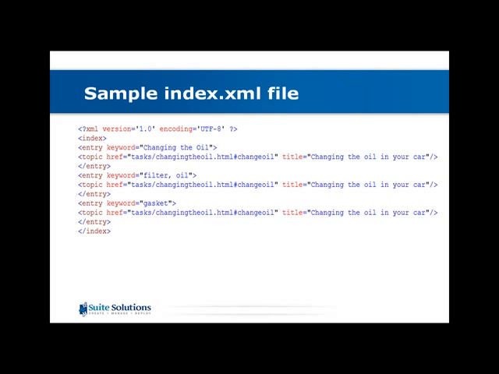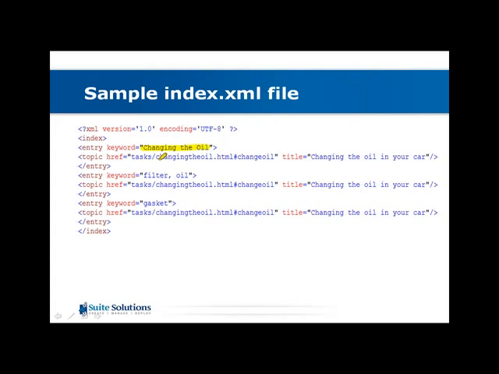Okay. This is a sample of an index file. An index file is just a list of entries. In this case, you have the keyword, which is the index term in DITA, and then the href to exactly where it goes, and the title of that topic.